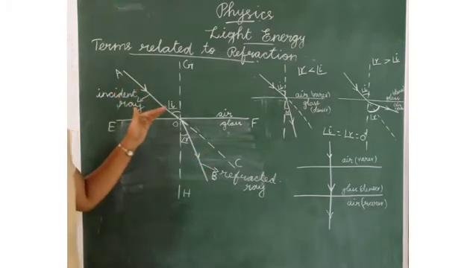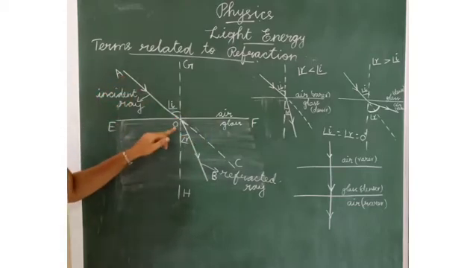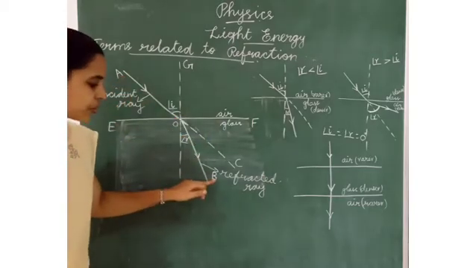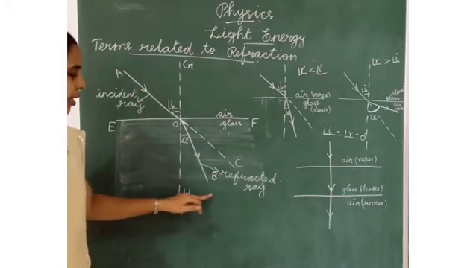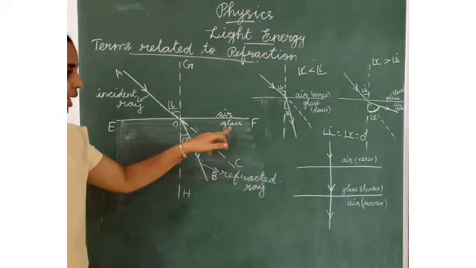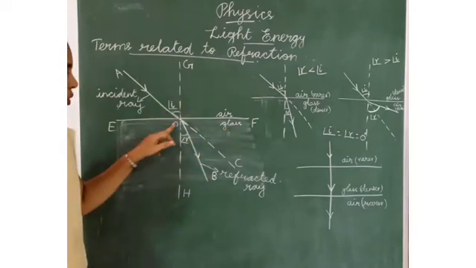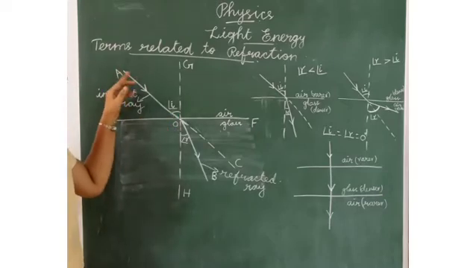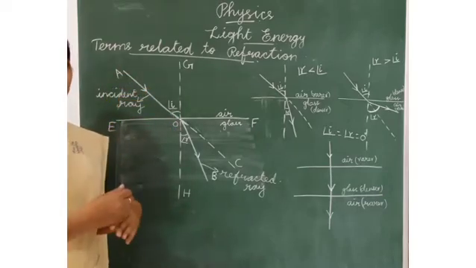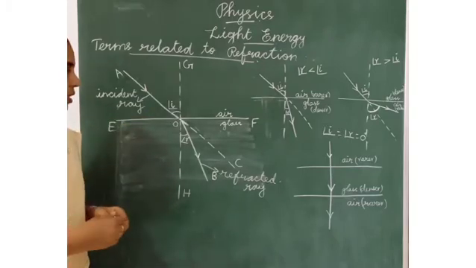The path of light from air to glass is A to O and O to B. The path of light from glass to air is B to O and O to A. So in each medium the ray of light is reversible from one medium to another.